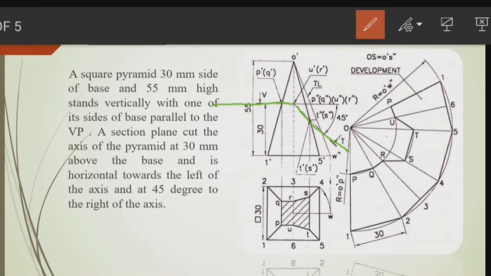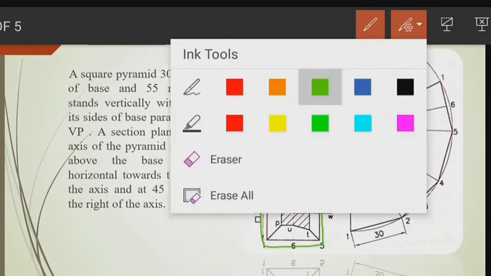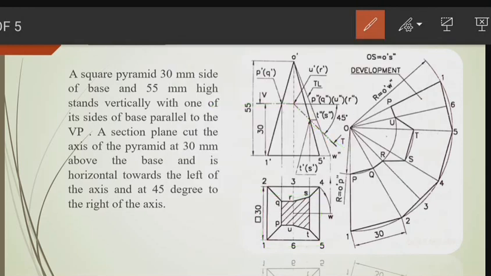And now we are going to name it. But when you take it as a top view, you can see that in this portion, when you have a square pyramid and you cut it, some square portion will be gone.